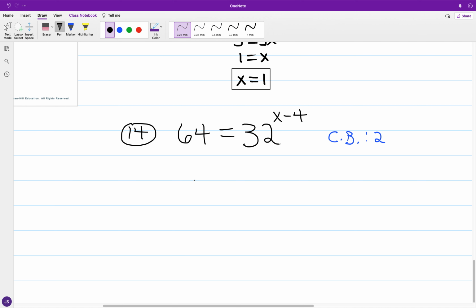So if I take the common base approach, 64 is going to be 2 times 2 is 4, times 2 is 8, times 2 is 16, times 2 is 32, and times 2 is 64. So it would take 6 2's to multiply out to 64. And for 32, we have 2 to the 5th, and 32 to the x minus 4. In terms of base 2, you have 2 to the 5th raised to the x minus 4.